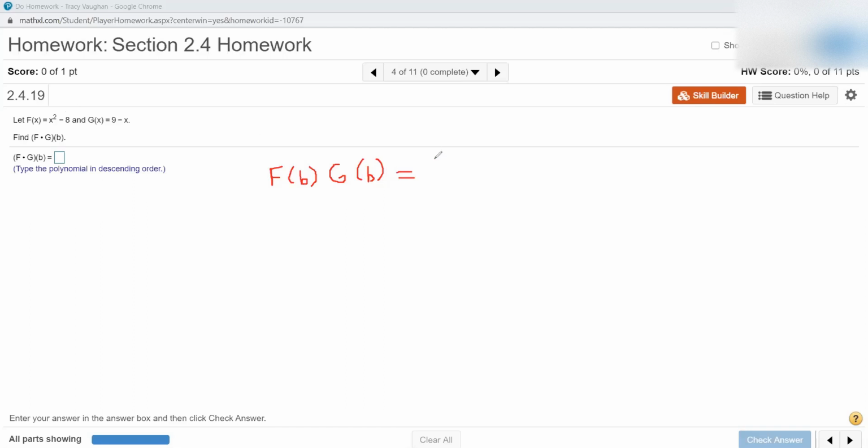So f of b would be b squared minus 8. G of b, you go to your g function, and everywhere you see an x, plug in a b. So g of b is 9 minus b.